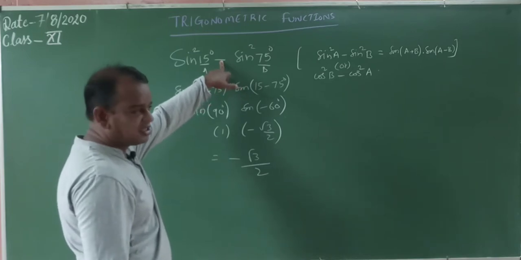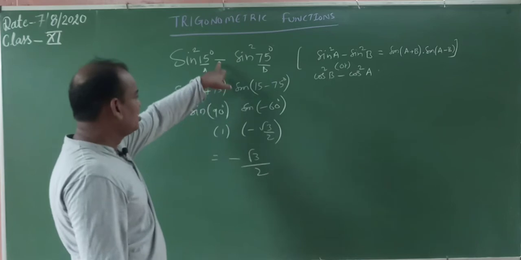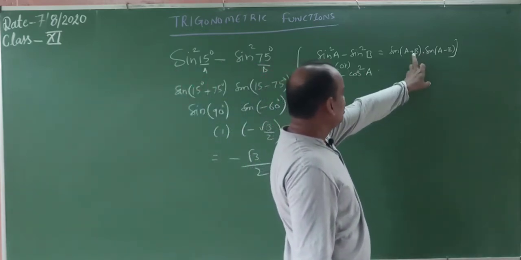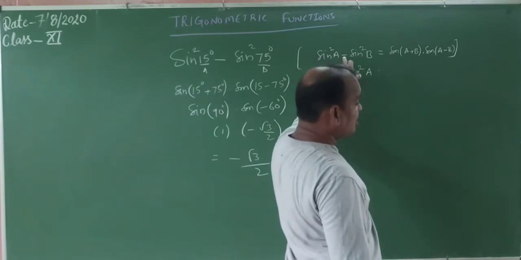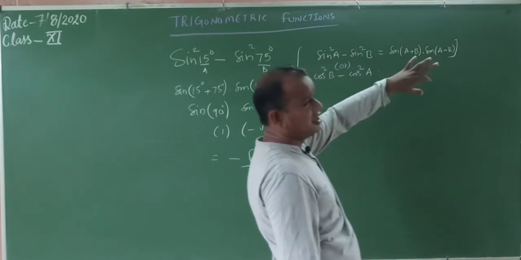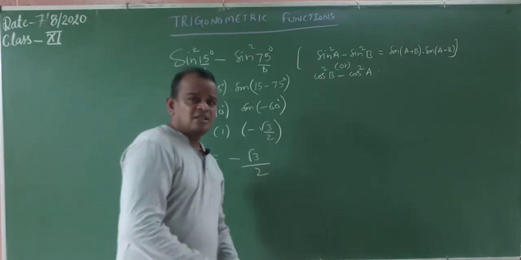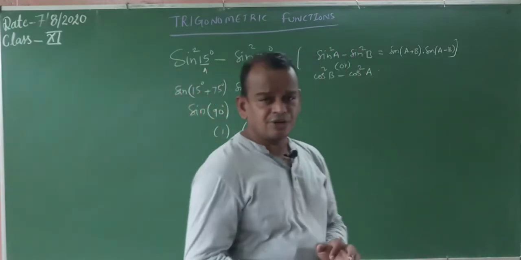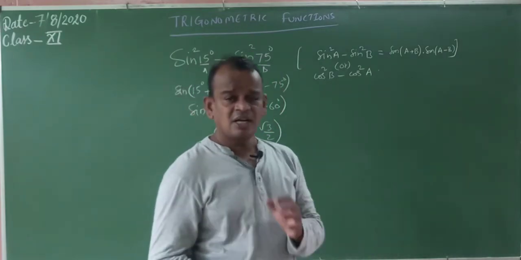Okay students, observe that these two are trigonometric ratios, but here there is a difference. The difference will be transformed into the product. This is a product of two trigonometric functions. The difference is converted into the product, and vice versa, the product will be converted into the difference. The sum or difference of the two trigonometric ratios will be converted into their product and vice versa.